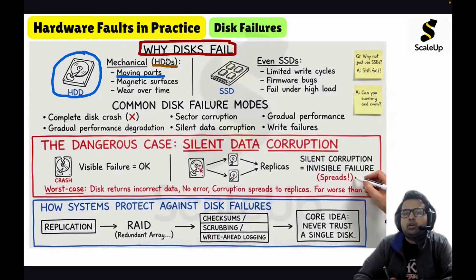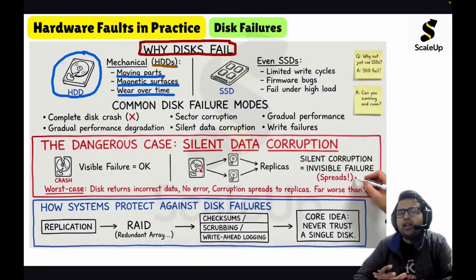So hard disk drives are mechanical in nature, with moving parts and magnetic surfaces, which wear over time. Hence a hard disk drive has a lifetime. After a period of time, it might degrade and it might fail.